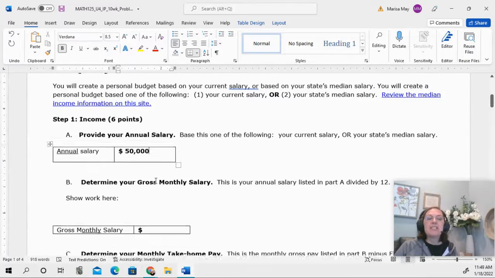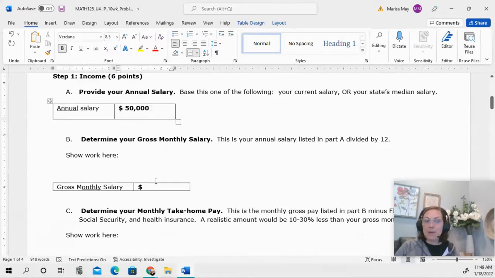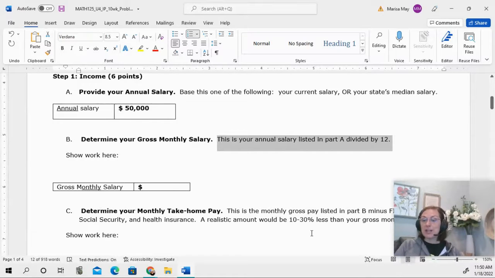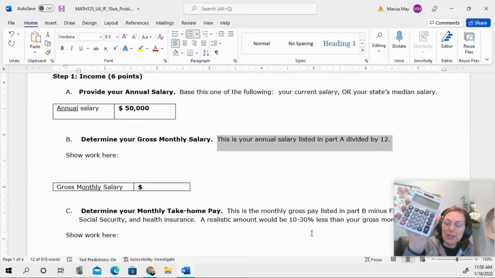Step 1, part B, determine your gross monthly salary. It says this is your annual salary listed in part A, that's my 50,000, divided by 12. This is where you're going to want to take your calculator. I've got this old 4-function calculator, but you can use the calculator app on your phone.